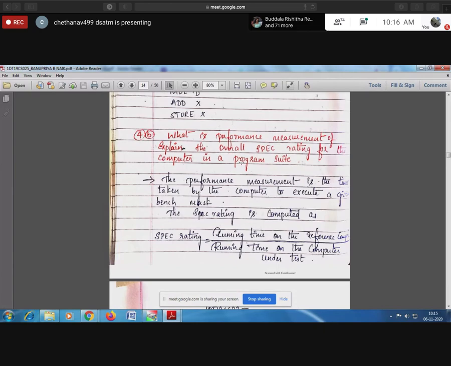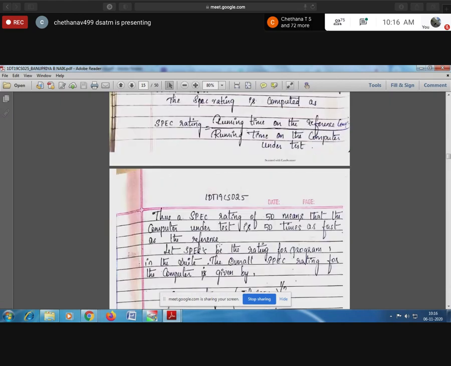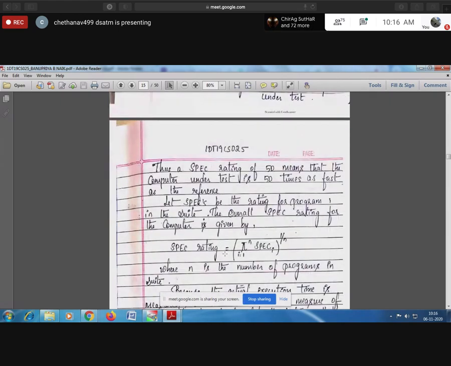So how much faster is your new system than the existing system? That is 50 by 100, which is 1 by 2. That means 2 times the capacity of the standard or reference system. That is what spec rating is. They have given an example here, and this also you have to include.